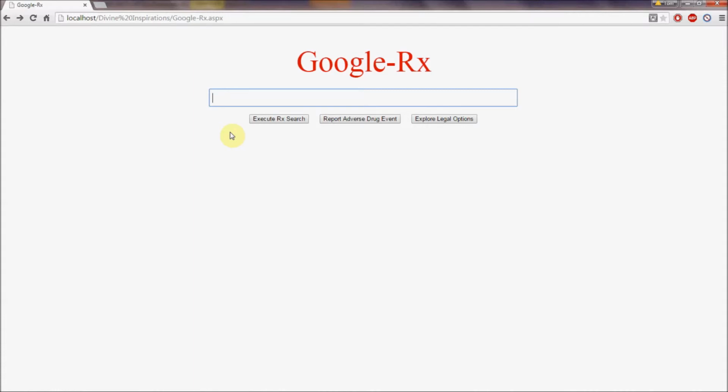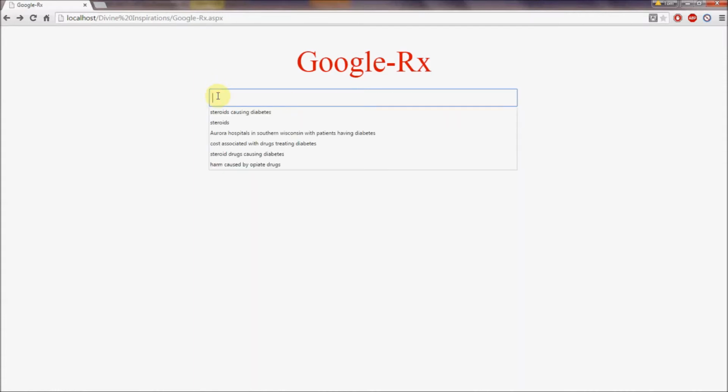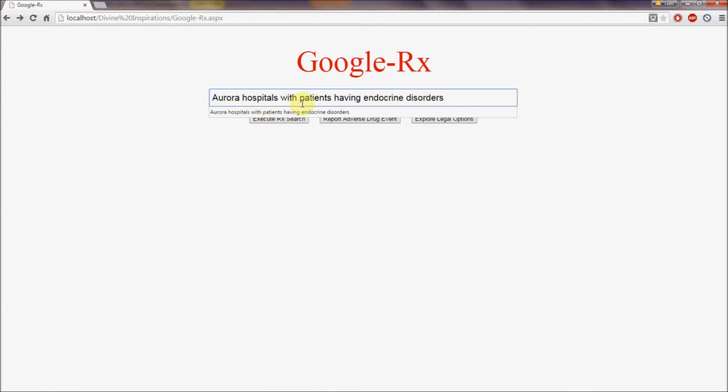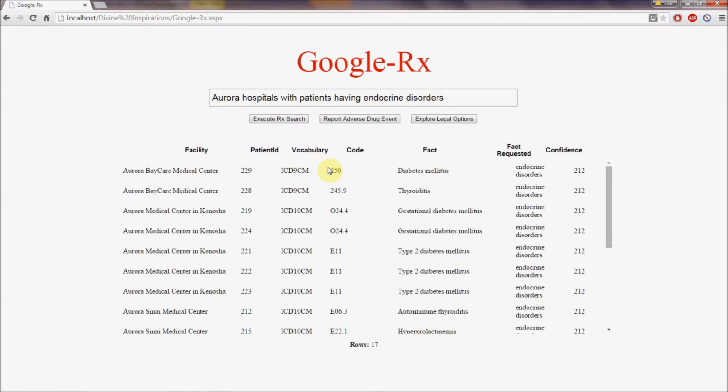Consider the following: Aurora hospitals with patients having endocrine disorders. What is returned is the following: a number of Aurora Healthcare hospitals having a number of different patients, and these patients having various diagnoses that are classified as endocrine disorders.